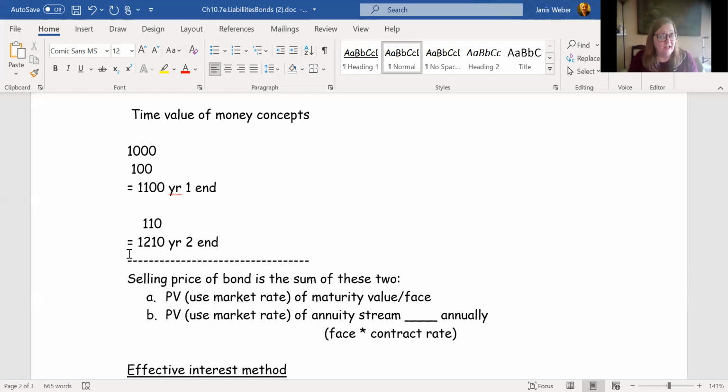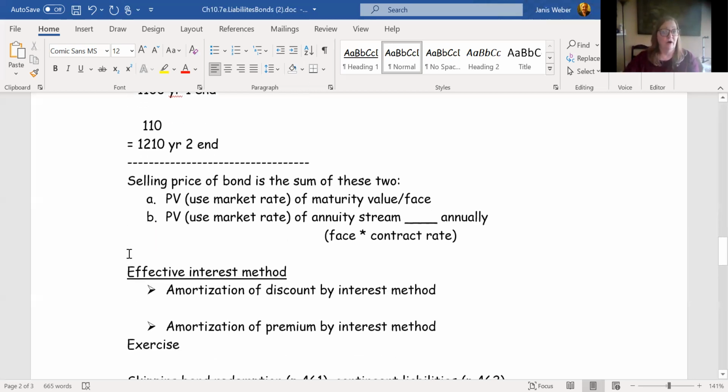And we're going to add to that the present value of this stream of interest payments that is going to be coming to them every 6 months in the meantime, because that certainly is worth something too. So we're going to present value that interest and then add it to the present value of the maturity value. That's going to tell us what the bond should be issued for.